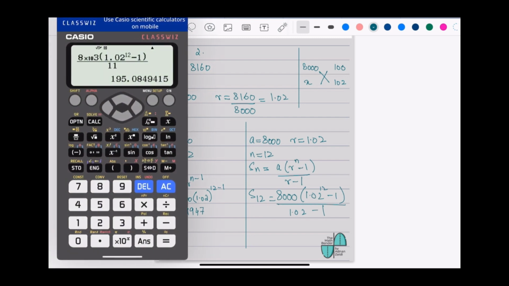Just plugging it straight away in the calculator will give you the sum of total salt received until 12 weeks, which is 107,297.6, just rounding it off to one decimal place.